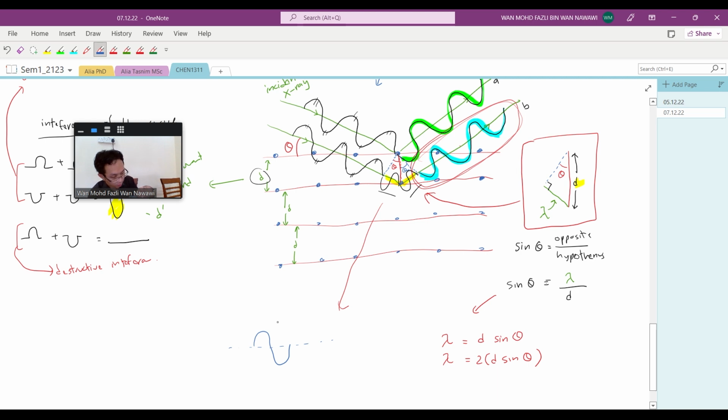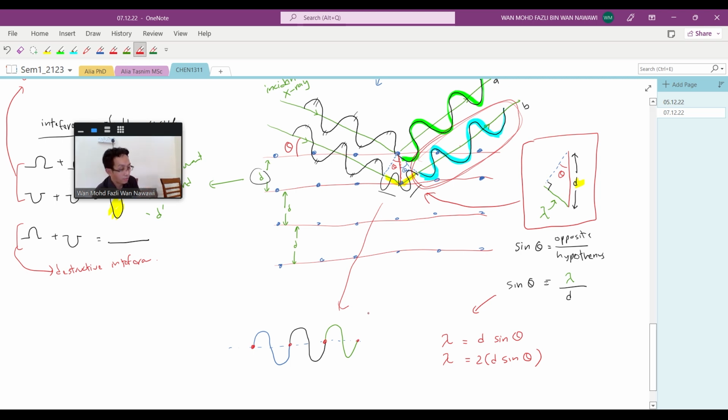Then I continue another cycle in green, and if we continue again in green, you have the third cycle.